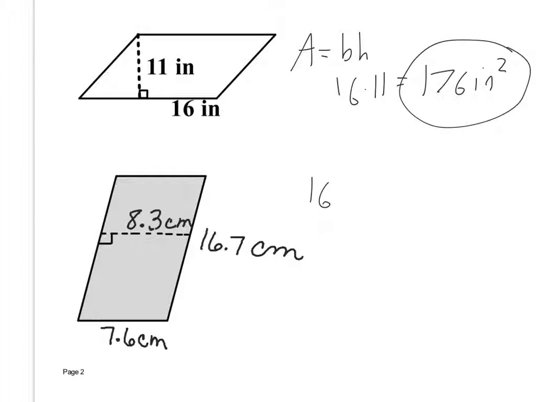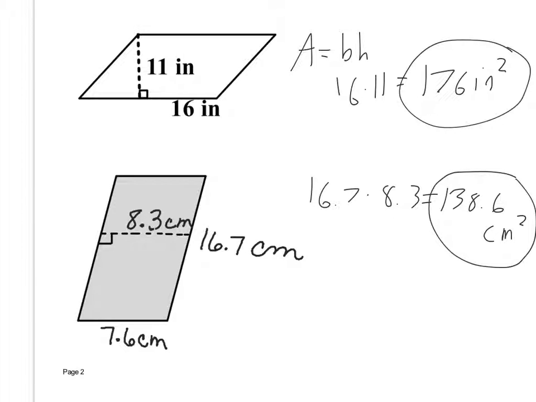But 16.7 times 8.3 gives you 138.6 centimeters squared is your unit. And there's your answer. Be aware of this because I had someone last hour want to use this. It's not touching the right angle, so you can't use it.